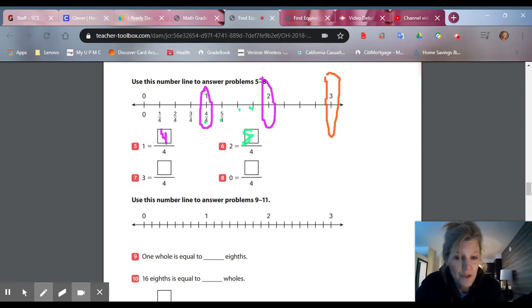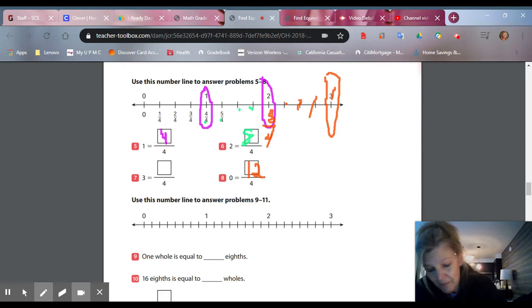If you remember that 2 was 8/4, you just need to keep counting 9/4, 10/4, 11/4, 12/4. Exactly. So number 8. Oh, wait a minute. Number 7.